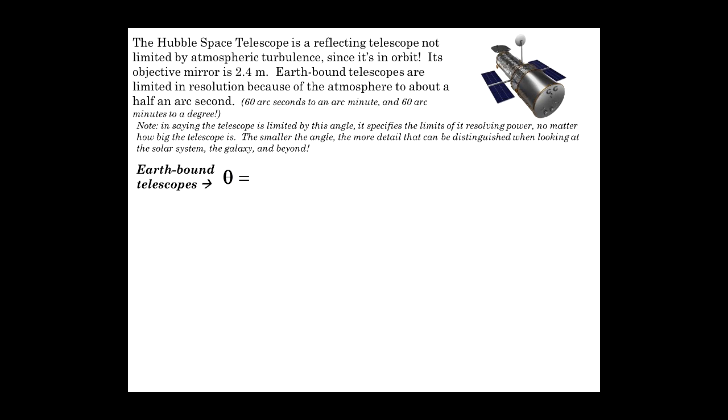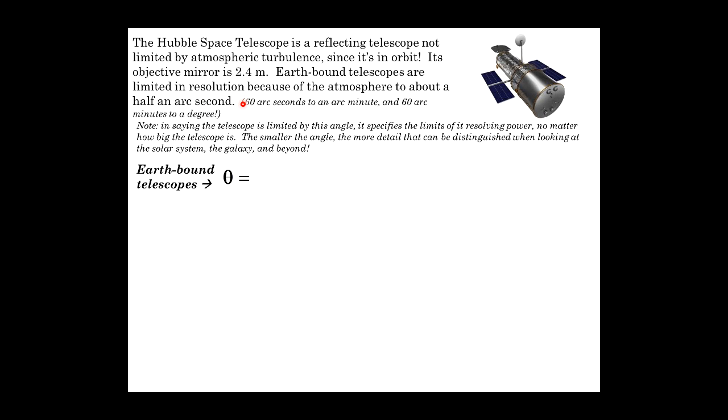Now, the atmosphere typically limits the resolution of earthbound telescopes to about half an arc second. Actually, the latest technology is even better than that. But for our purposes at the moment, without considering what we've been able to do to overcome some of these other obstacles, the atmosphere limits how much resolution you can get out of a telescope.